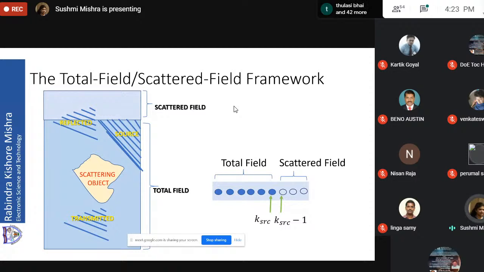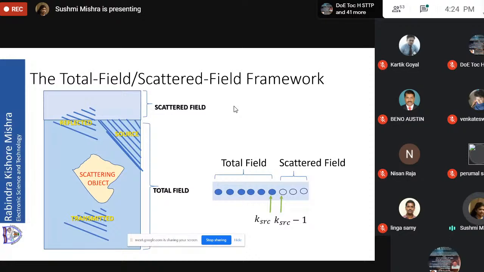Some grid points will be on the scattered field side. Now, once you reach the junction, if you are going to update the field from the total field side, that field will depend on the scattered field side, which you do not know. Similarly, if we are going to update the field in the scattered field side, that will depend on the field of the total field side, which you do not know. That creates a problem sometimes. That is what I am showing here in the second picture, right hand side. The grid points are shown.